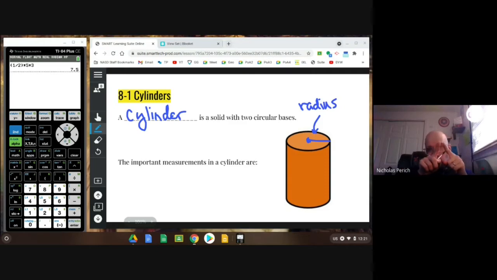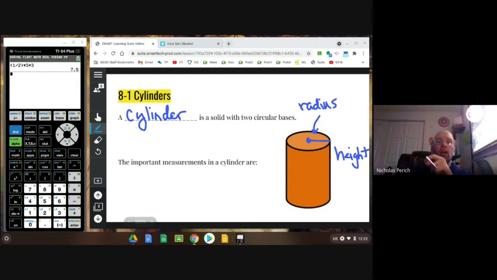Diameter is when it goes the whole way, but we don't care about radius or diameter right now. We care about radius. Straight up and down is the height. So those are the only 2 important measurements that we care about when we look at a cylinder. If I'm not given the radius, if I'm given the whole diameter, we'll deal with that when we get to it. But we will have to deal with that.